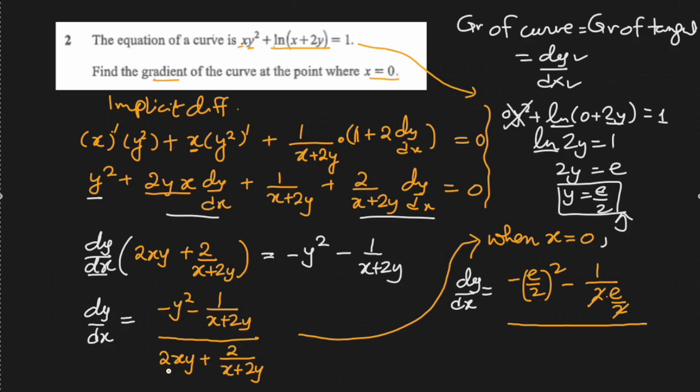Next, 2xy, 2 times 0 times y, so this is 0, whole of this useless, plus 2 over 0 plus, I'm not writing 0 again, and this will be 2y again. It will again be 2 over 2 times e over 2, and this x cancels again. So yeah, now what do we need to do?